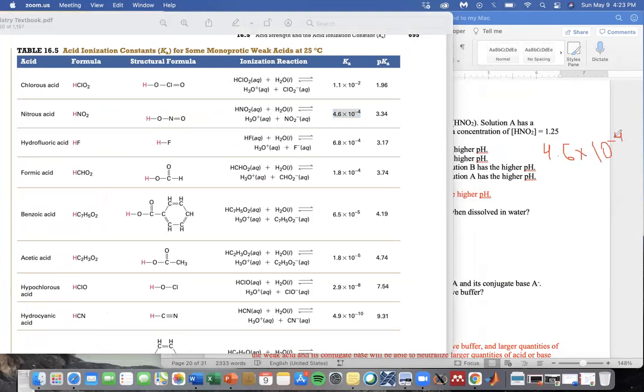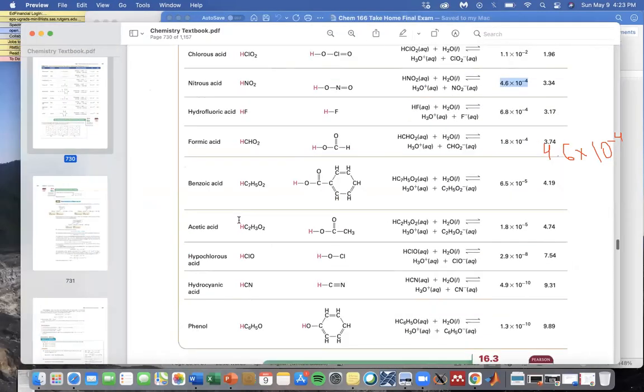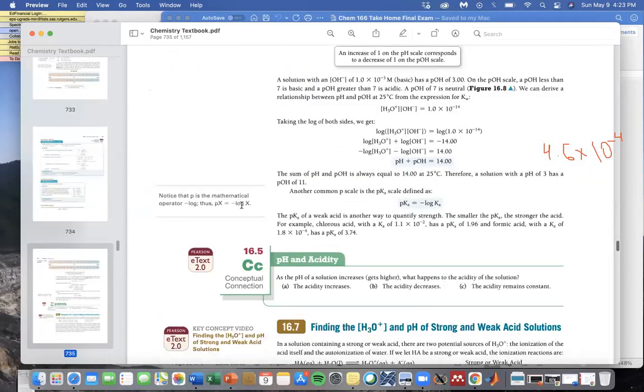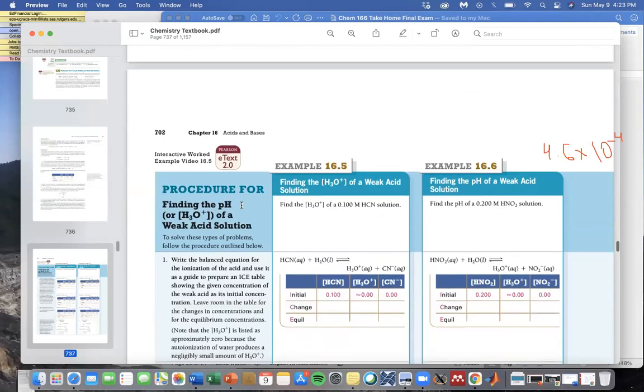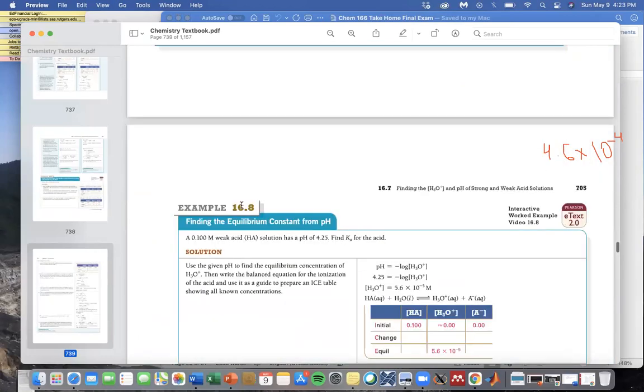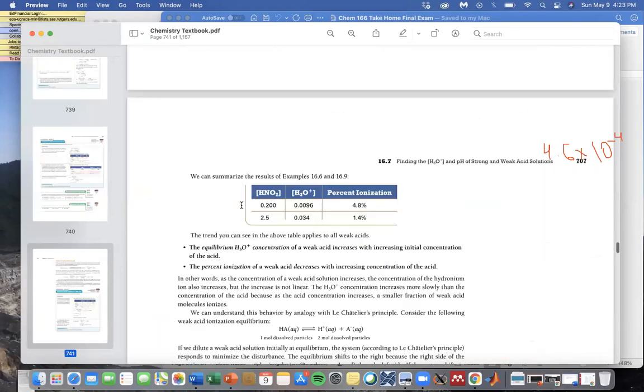I feel like it's weird because all of the multiple choice questions come from the end of the chapter multiple choice stuff, and they usually give the Kas there. So it's weird that you'd have to do the calculation, but I'm not sure how else you would know which one could have ionized more without doing the calculation.